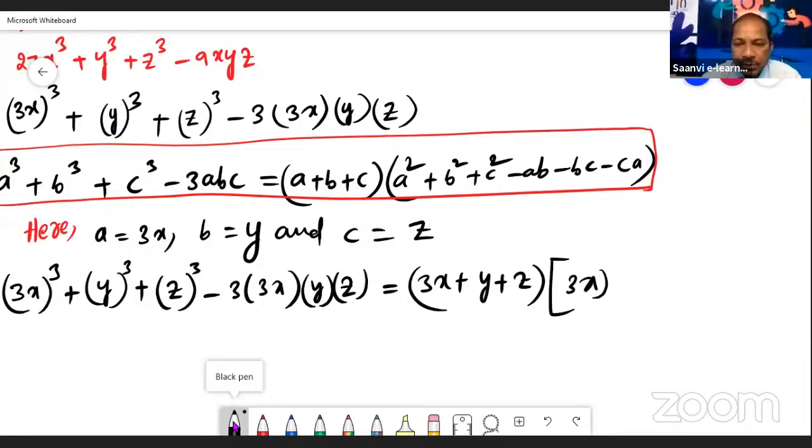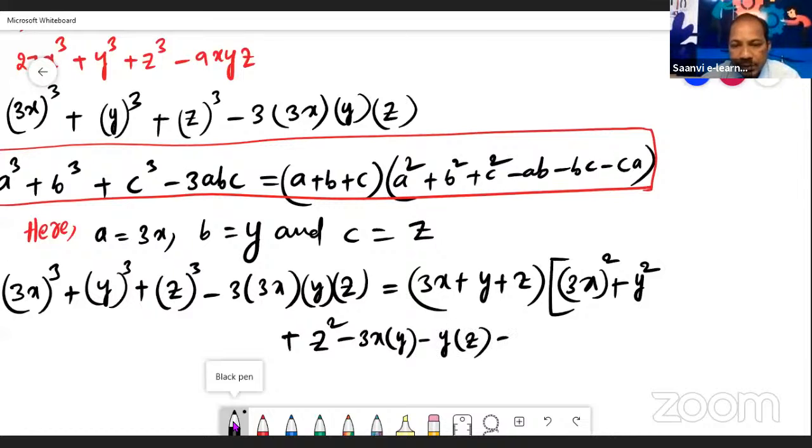A square means 3x whole square plus b square. B square means b value is y. So b square means y square plus c square. C value is z. So c square means z square and minus ab. Minus a value 3x into b value is y, minus bc. B value is y and c value is z, minus ca. C value is z and a value is 3x.